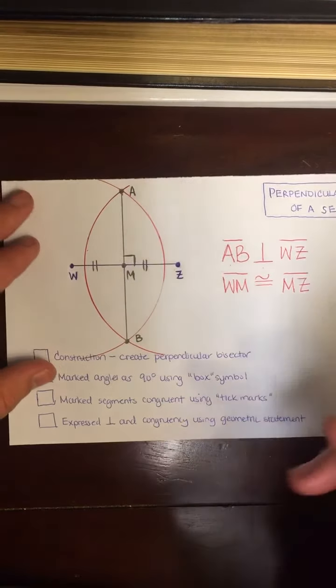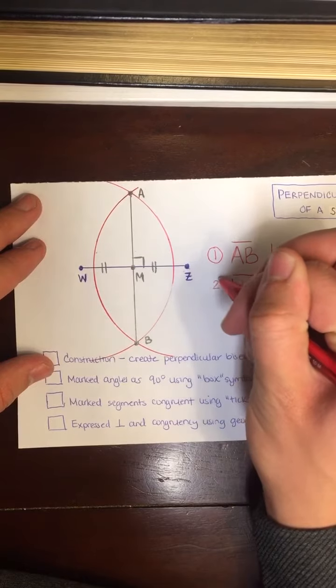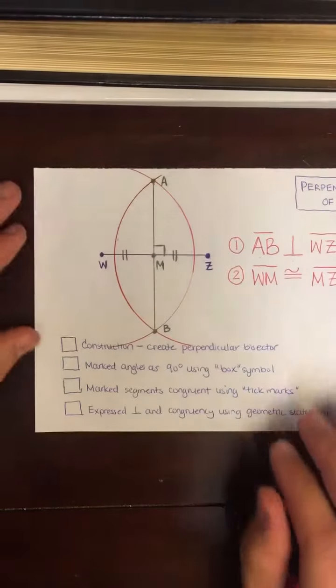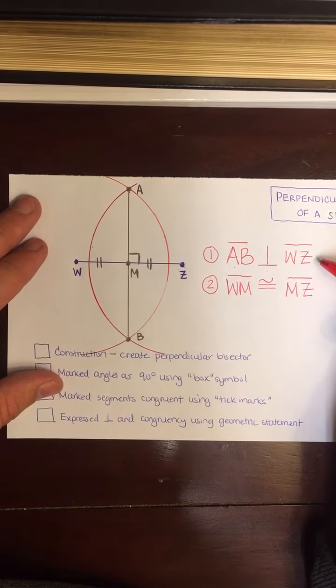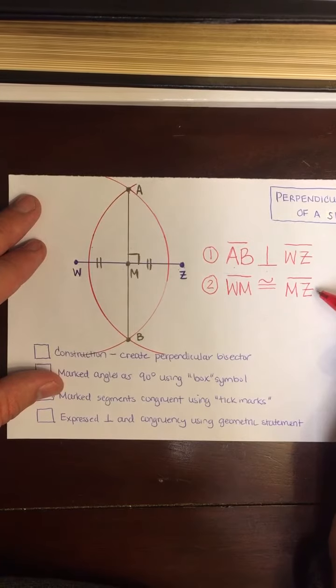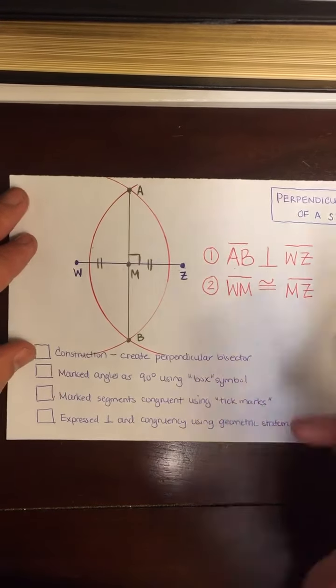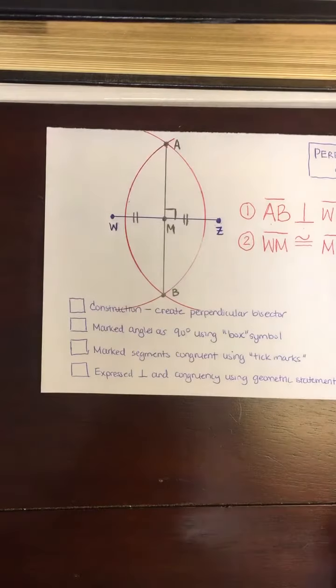So this is a construction where I actually can express 2 geometric sentences because I have several things going on here. I have lines being perpendicular to each other, and also congruent segments because I'm bisecting my original segment.